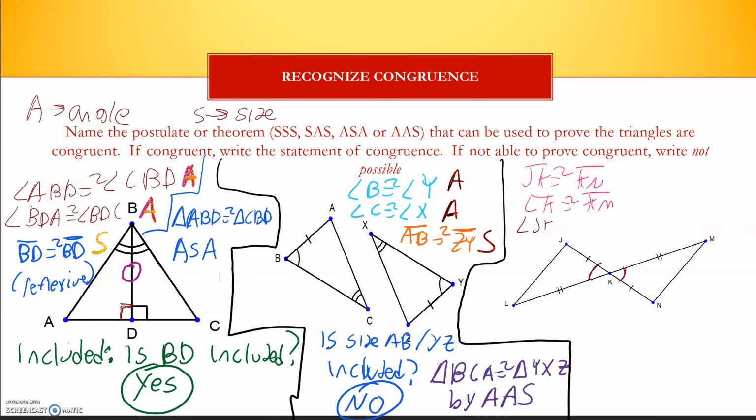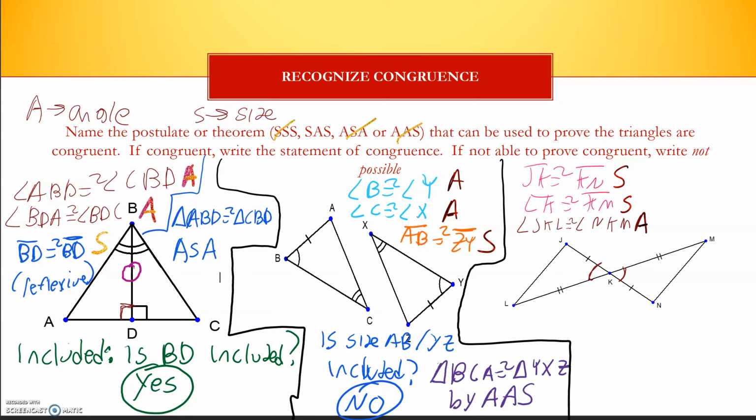I can say that angle JKL is congruent to angle NKM. Those are your vertical angles. So I have two sides and one angle. Now, for this last one, I'm not going to use either of those two. I only have one angle here, so I can't use something that requires two.